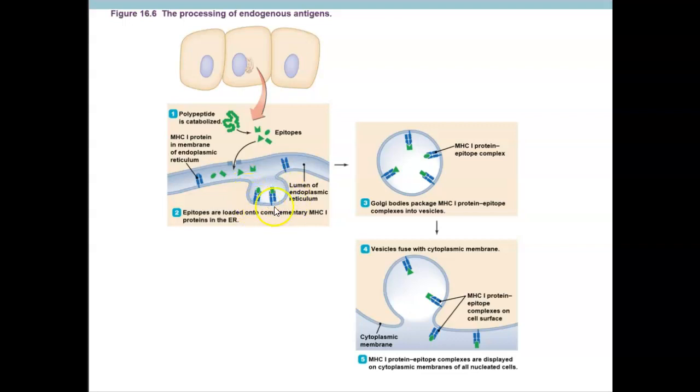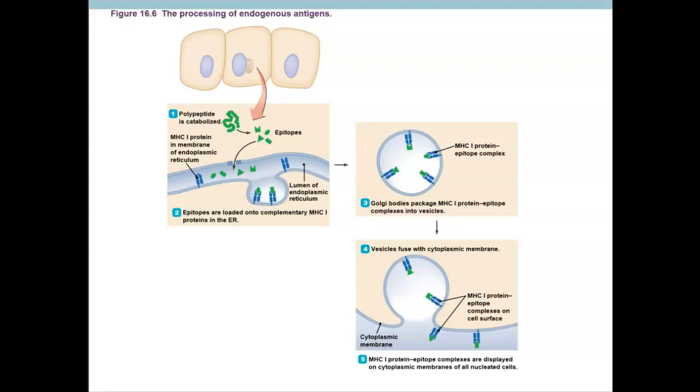These get packaged into a vesicle, bud off, move to the Golgi, and eventually end up on the plasma membrane. And here are our class 1 MHCs on the surface of the cell, each displaying a different epitope, a different piece of something the cell was making.